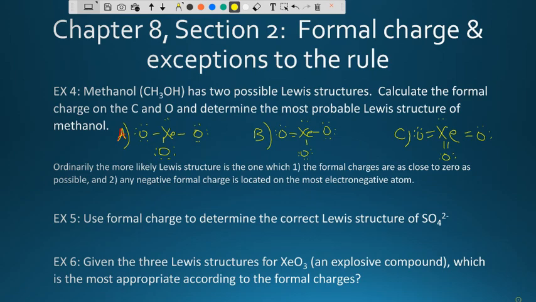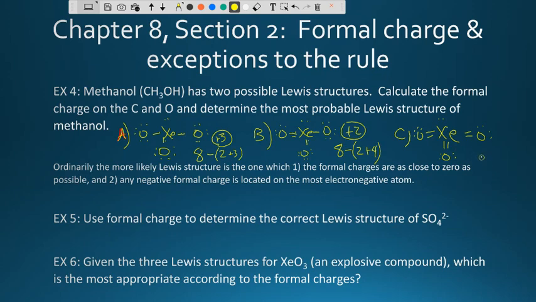Okay, let's take a look at our options now. Xenon has 8 valence electrons because it is a noble gas. Around the xenon in option A, I have 2 unshared and 3 shared, and so I have a formal charge of plus 3. Around the next one, I see 8 minus 2, and I have 4 shared, so I have a formal charge of plus 2.